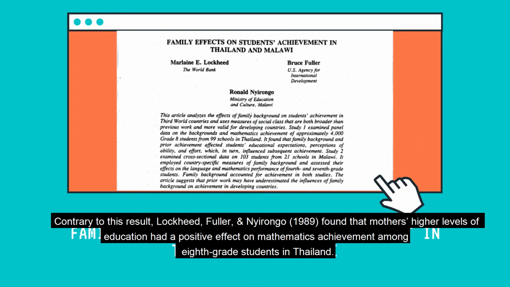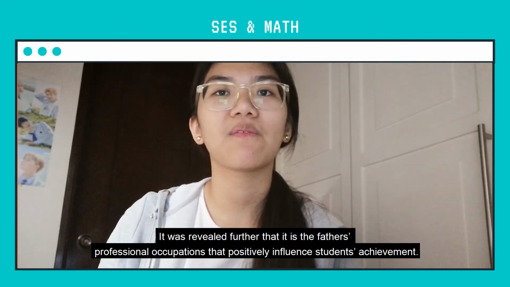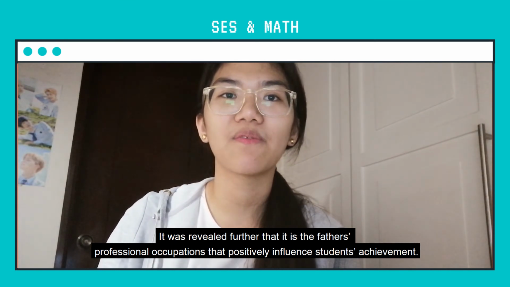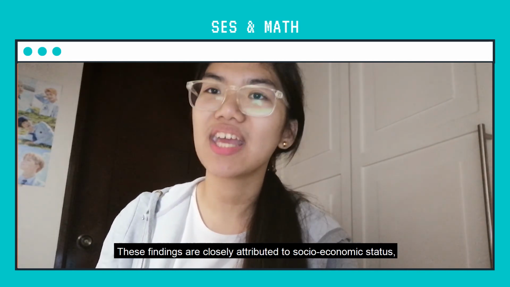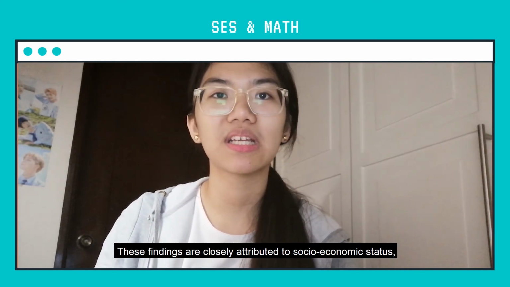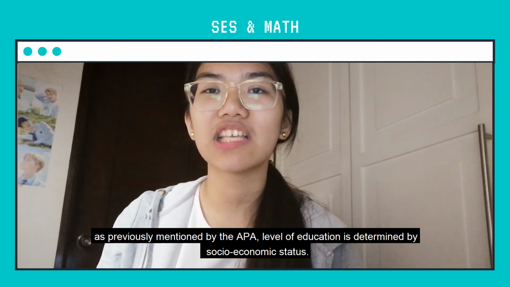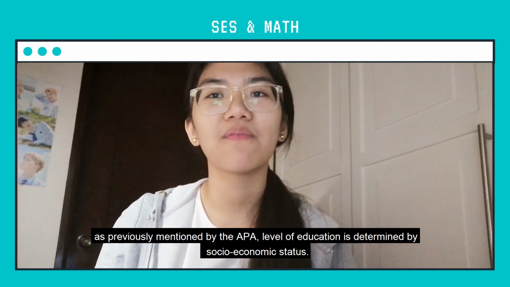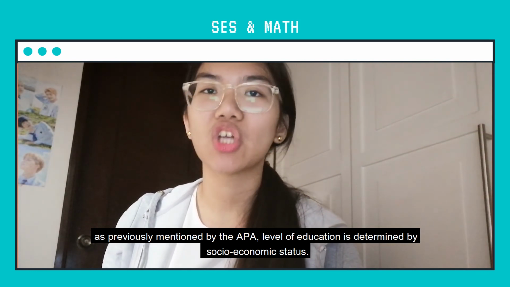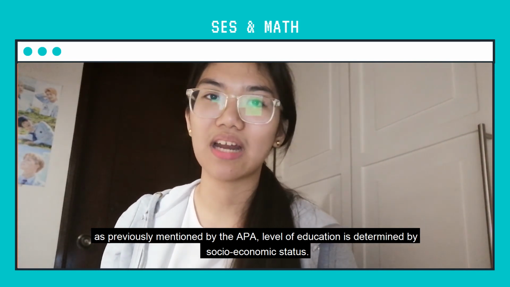Contrary to this result, Lockheed, Fuller, and Urango found that mothers' higher levels of education had a positive effect on mathematics achievement among 8th grade students in Thailand. It was revealed further that it is the father's professional occupations that positively influence students' achievement. These findings are closely attributed to socioeconomic status. As previously mentioned by the American Psychological Association, the level of education is determined by socioeconomic status.